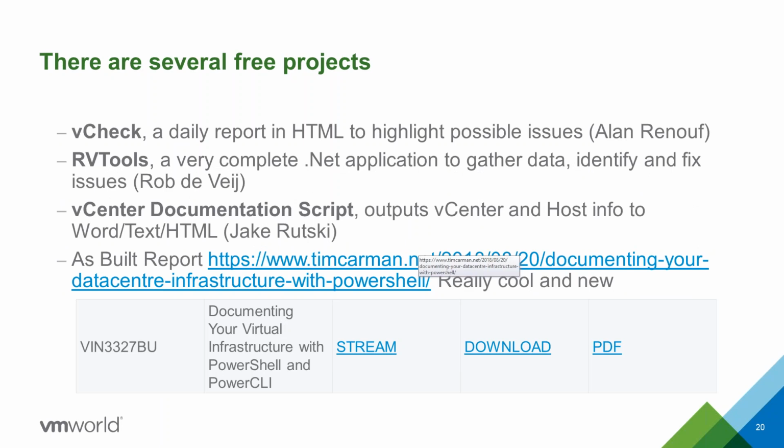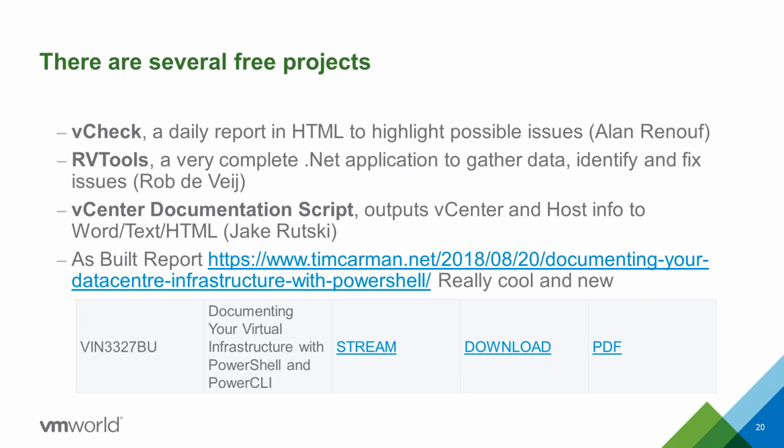So there are several free projects out there that basically do some of the same things that we're going to see today. vCheck has been around for years. I think Alan Renouf was the one that started it. He open sourced it. I used to use it especially to see who created a snapshot and how long that snapshot had been there, and I loved it because I could just forward that email to that person and tell them, hey, I see this snapshot that's been there 3 days, and we have a policy that snapshots can only last 1 day.